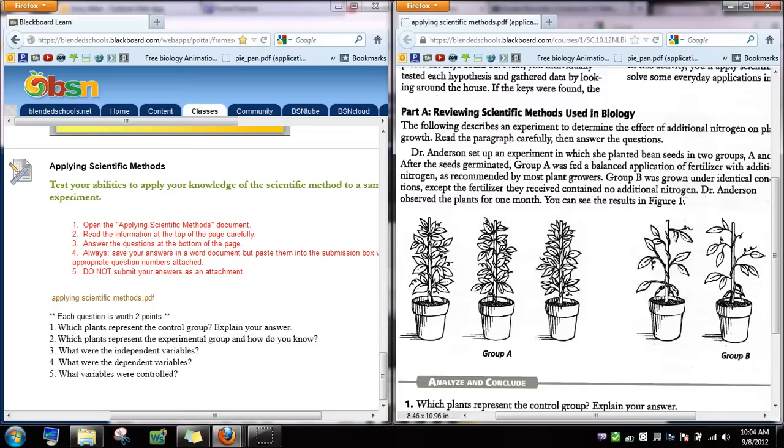If you were growing 2 sets of plants and testing this fertilizer with nitrogen versus fertilizer without nitrogen, what other factors would you have to control? Think about what plants need to grow. Think about location. Think about conditions they were growing under. And that's what you're listing as your answer for number 5.